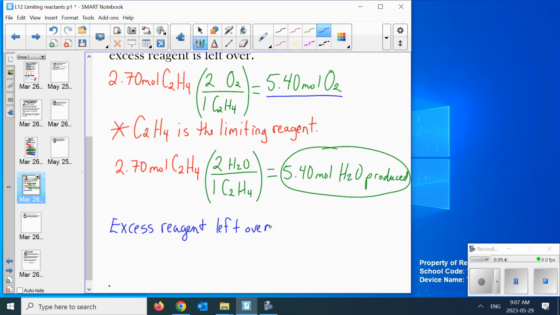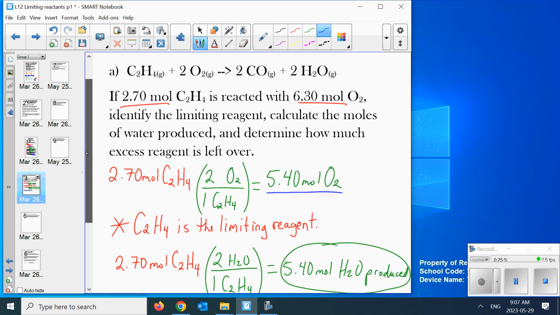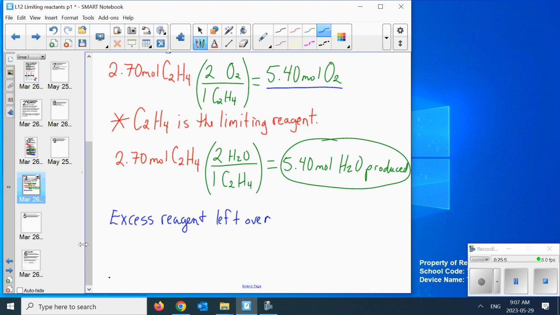So we started with, what was it, 6.30 moles of oxygen. If you have 6.30 moles of oxygen, you subtract off the amount used. I'll put it in green so you know where it came from. This is just simple subtraction: 63 minus 54 is 9, so 0.90.